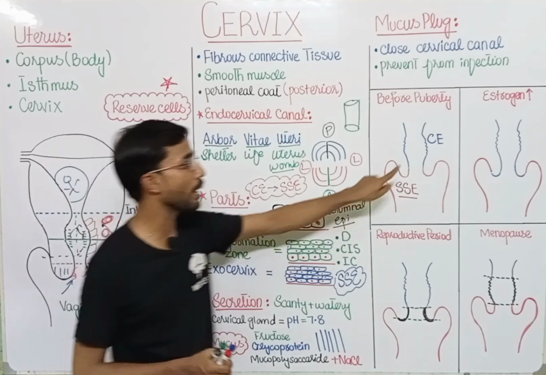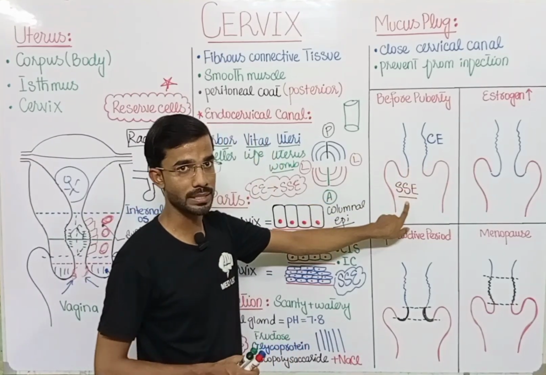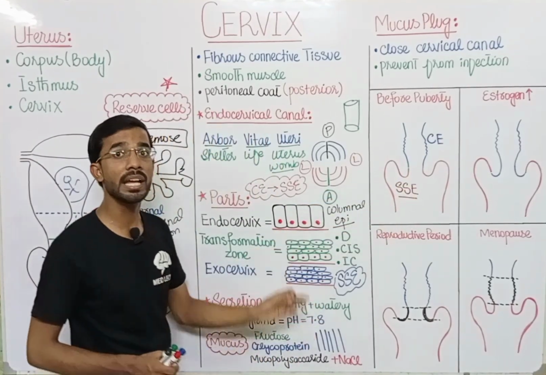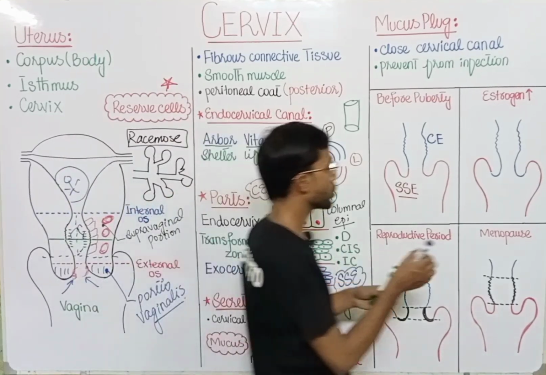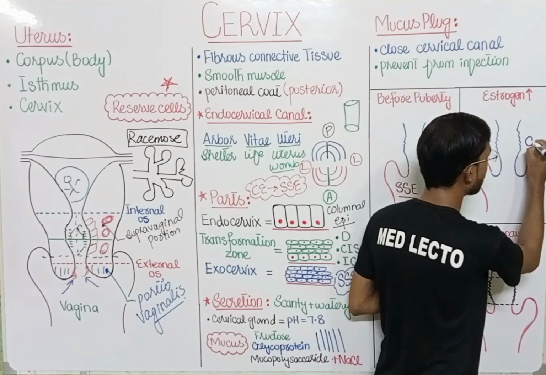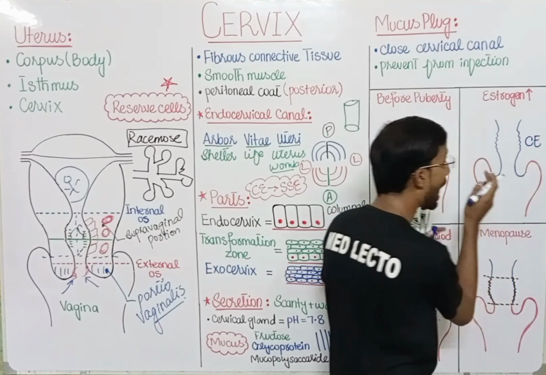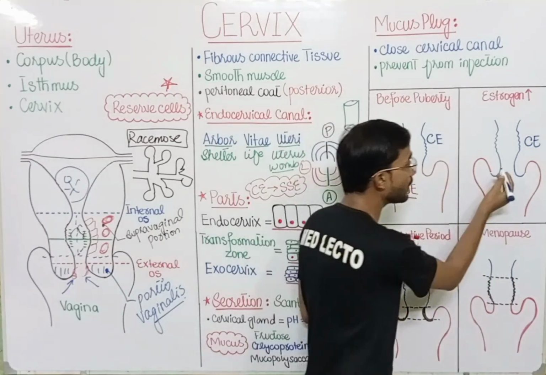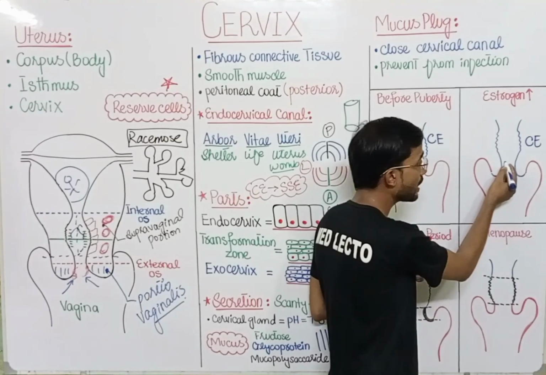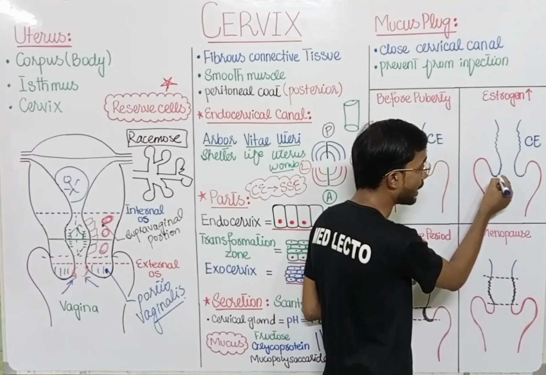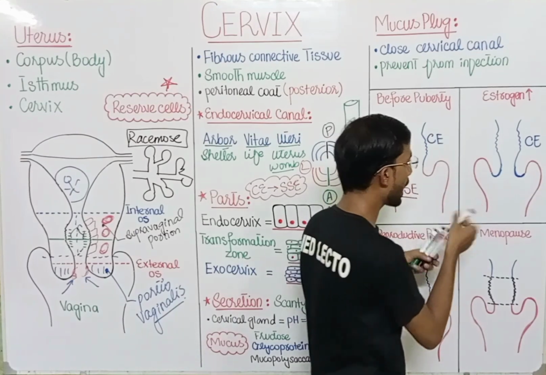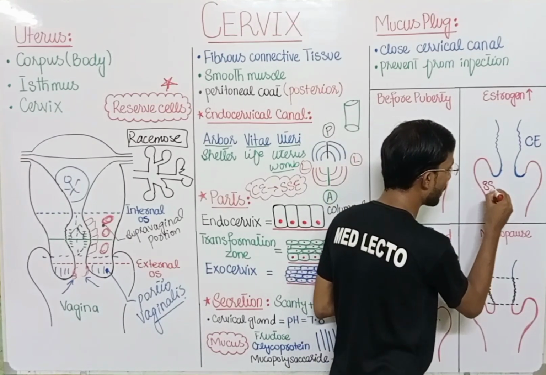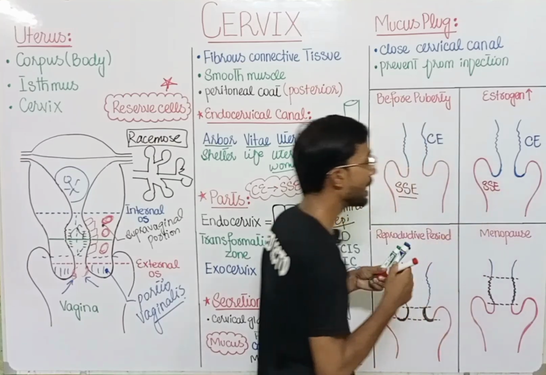You will just see columnar epithelium and stratified squamous epithelium. But when the estrogen level starts increasing, what will happen? Again you will see the columnar epithelium, and it starts moving outside. Here is the outside, and outside you will see the stratified squamous epithelium. Here is the difference.